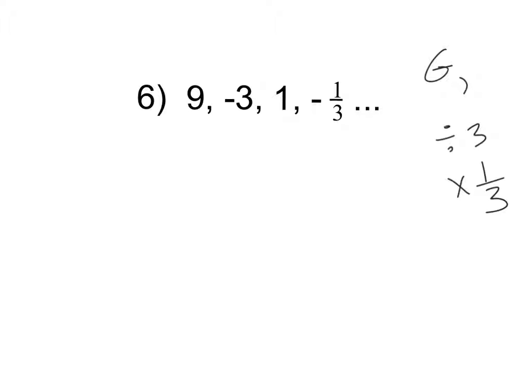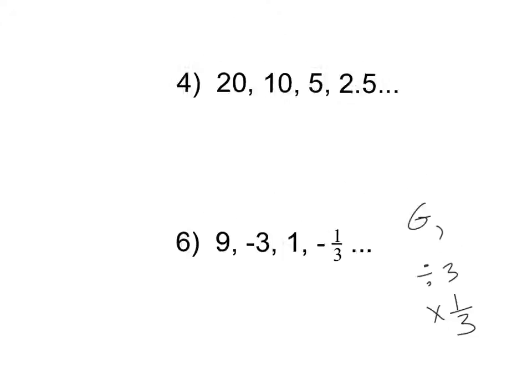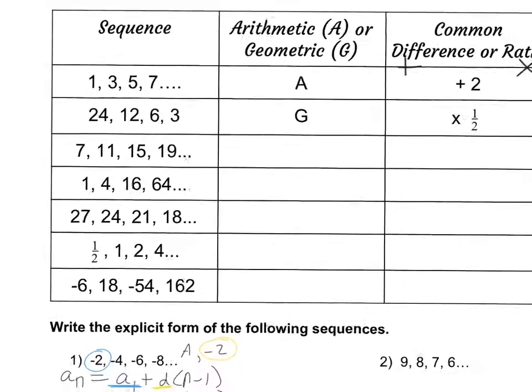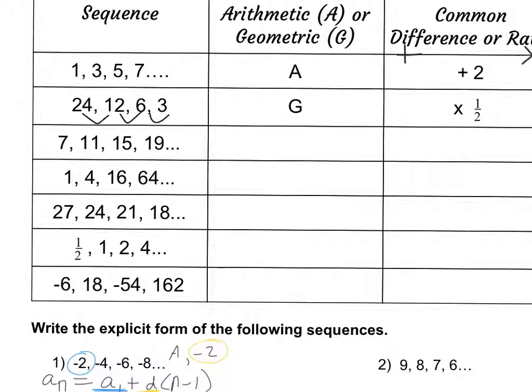So because it's a geometric sequence and we can't use division, your common ratio is actually going to be multiplying by 1/3. It's just like the one up here where 24, 12, 6, you're dividing it by 2 every time. The common ratio is multiplying by 1/2.